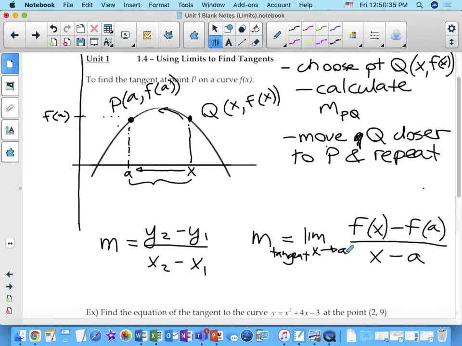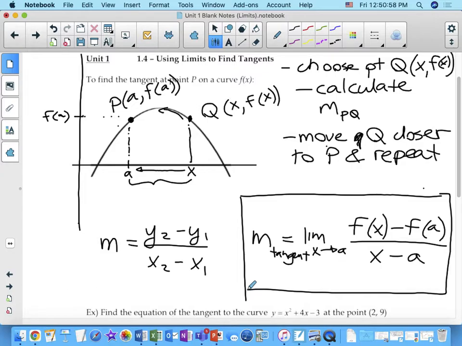Now obviously we can't just put an a in for x because a minus a is 0. So we're going to have a problem there, and we're going to look at how that works out through an example. This is one way that we can define the slope of a tangent line.